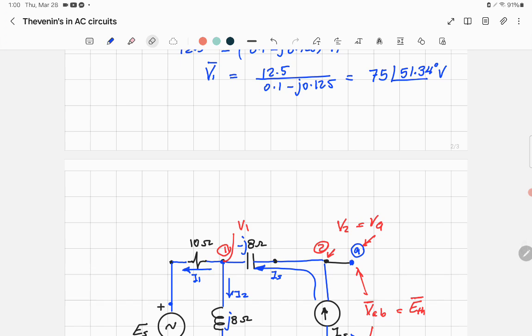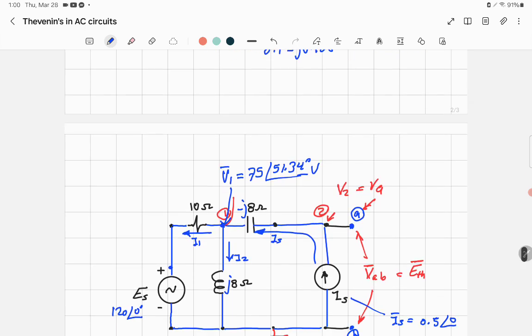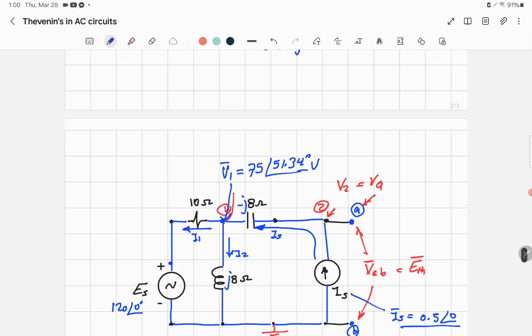So V1 here, I can now put the value: V1 is equal to 75 on angle 51.34 degrees. And IS, we know IS is equal to 0.5 on angle 0 amps. And it's required to find V2. That's our goal, because V2 is equal to VEB, which is the E Thevenin.